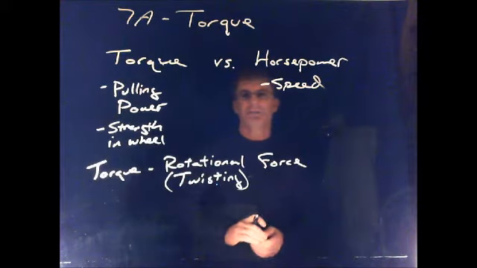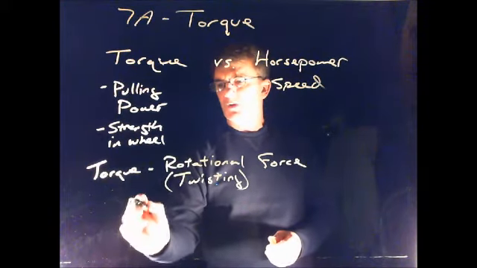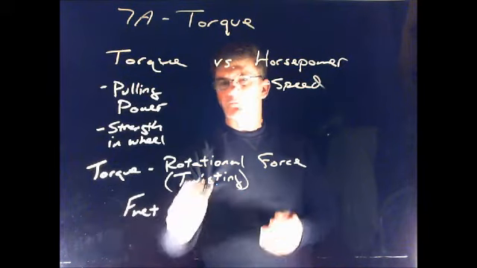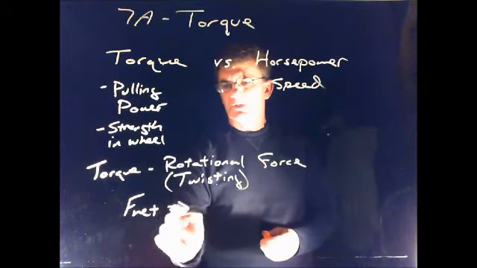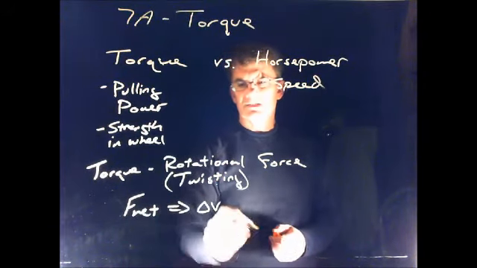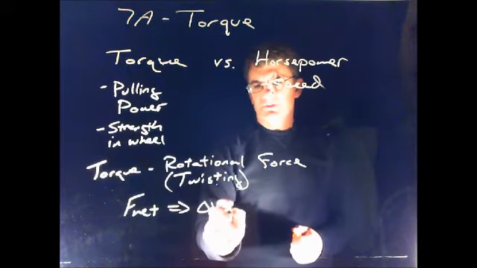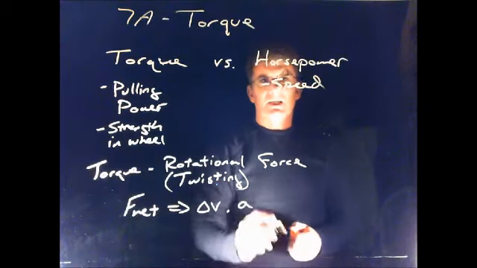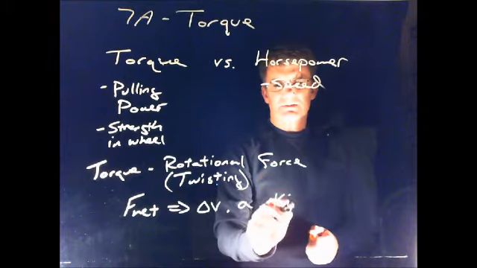pretty big idea. If we have an unbalanced force, if we have a net force, we're going to have a change in velocity, which is referred to as an acceleration, and we have kinematics.